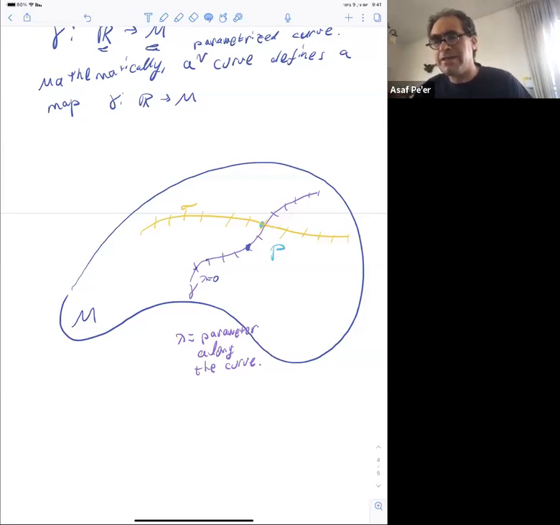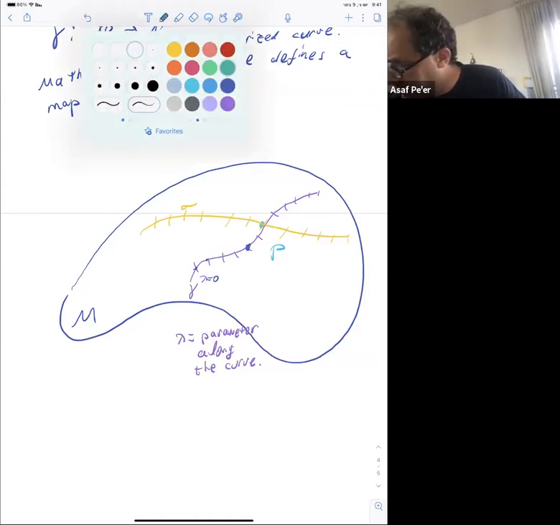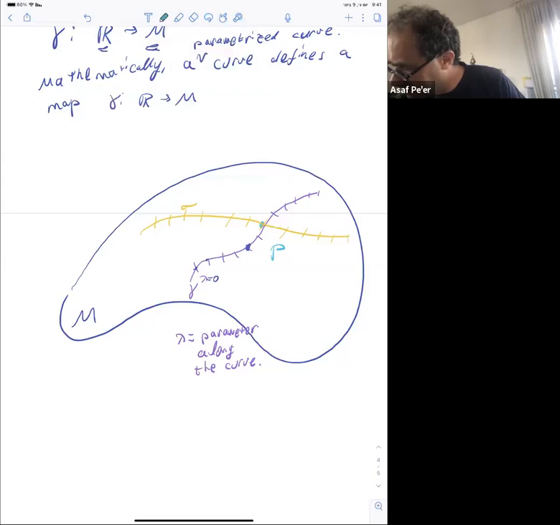And in Euclidean space, I can set up coordinates. There is no problem.